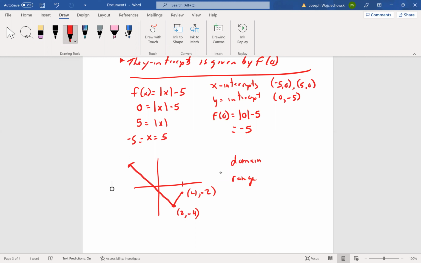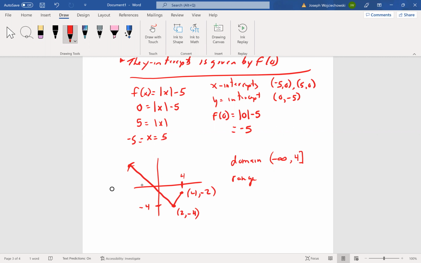Remember, this is 4. So what is my minimum x value? Well, it keeps going to the left and this goes on and on forever. So my minimum x value is -infinity. And of course, it's never included, so we use a parenthesis. My highest x value is 4, and it has a solid dot there, so it is included. So that's my domain from -infinity to 4.